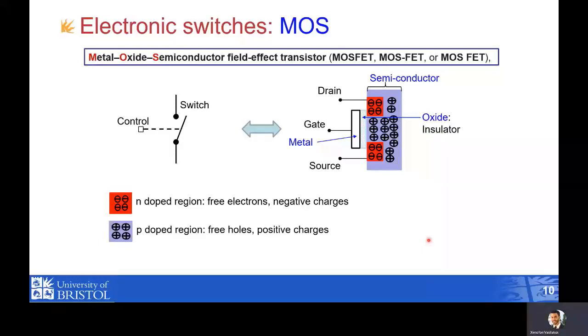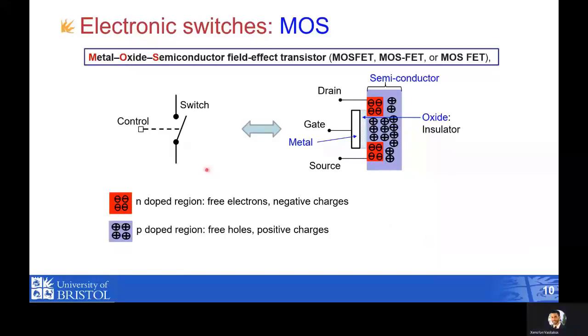MOSFETs are the basis of high-density integrated circuits, such as memory chips and microprocessors, with millions to even billions of MOSFETs used to create them. To give you a few more examples, discrete MOSFETs are common for power devices, power supplies, radio frequency amplifiers, image sensors, display technologies, and many more examples from real life.